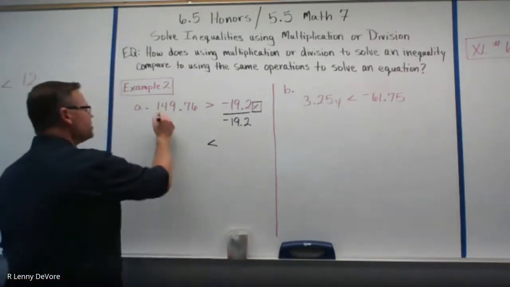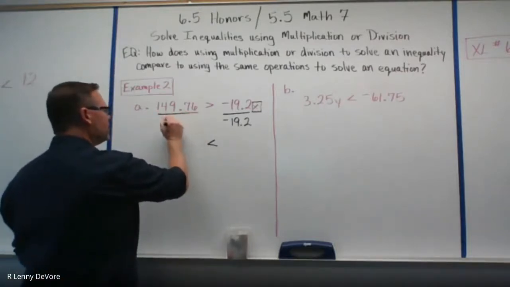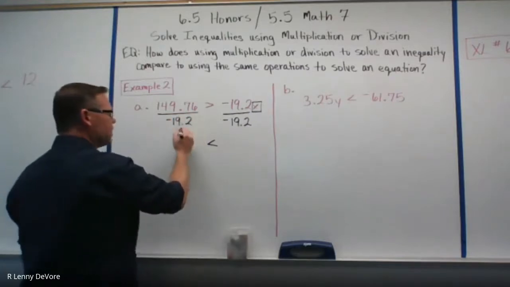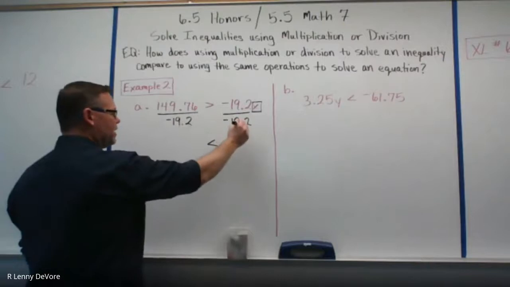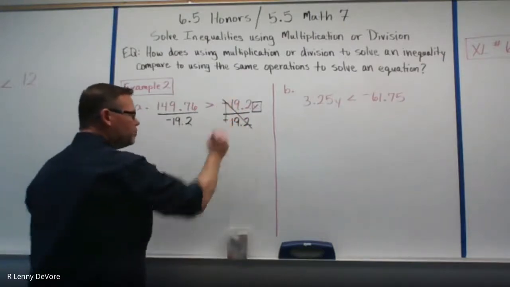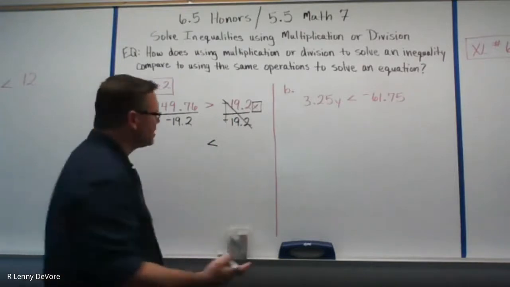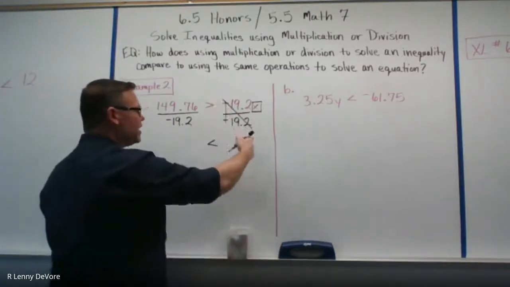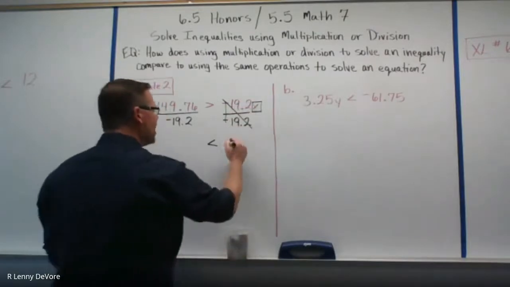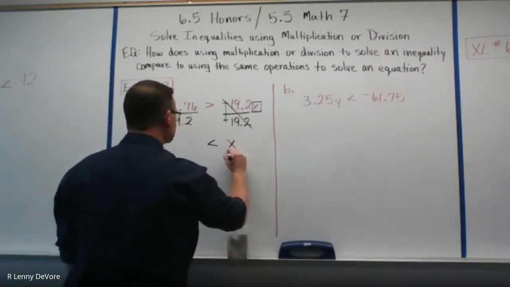Because I'm going to divide by a negative 19 2/10 also on this side. See, it's both sides, right? The negatives are going to cancel out because a negative divided by a negative is a positive. These cancel out because anything divided by itself is 1, and 1 multiplied by x is x.